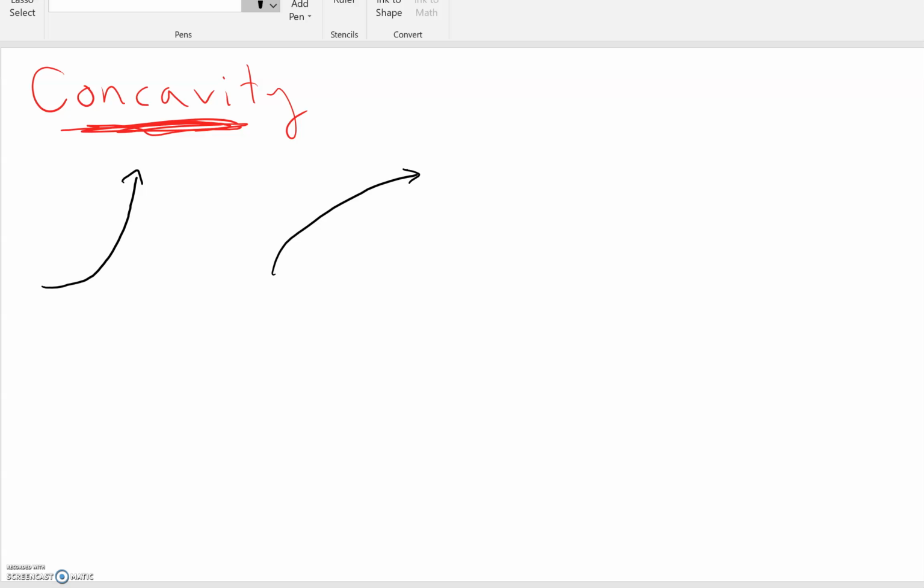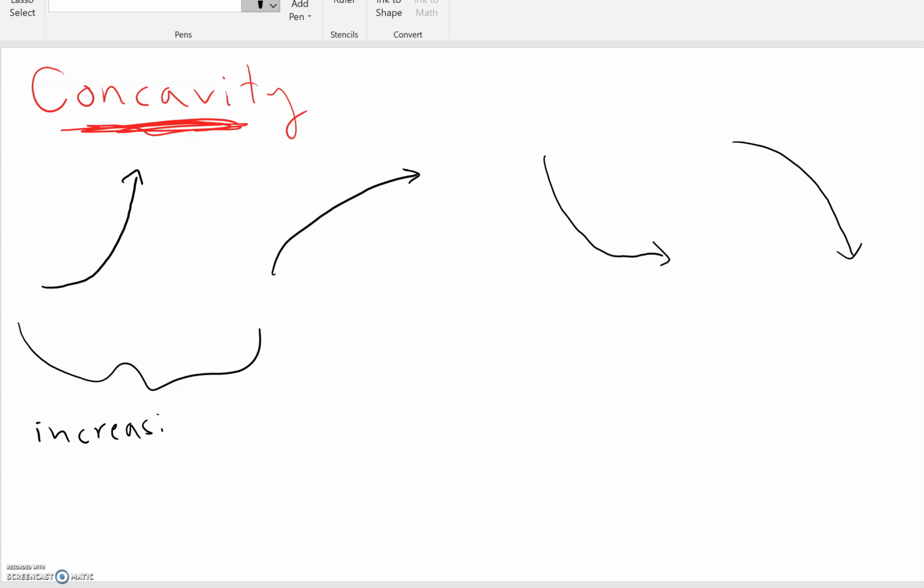Both of these are increasing, but the way that they increase is different, right? So let's draw two decreasing ones. Here's a decreasing. And here's another kind of decrease. So these are both, let me try to write legibly, increasing but different concavity.